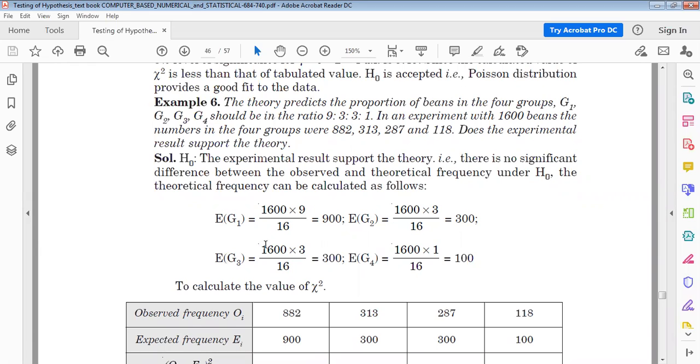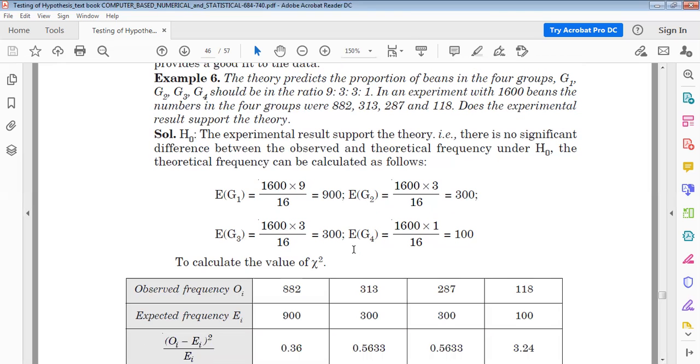Similarly for the third group, total number of beans 1600 multiplied by the third group ratio 3, divided by the sum of the ratio. And for the fourth group, similarly, total number of beans multiplied by ratio 1, divided by the sum of the ratio. So this will be given.